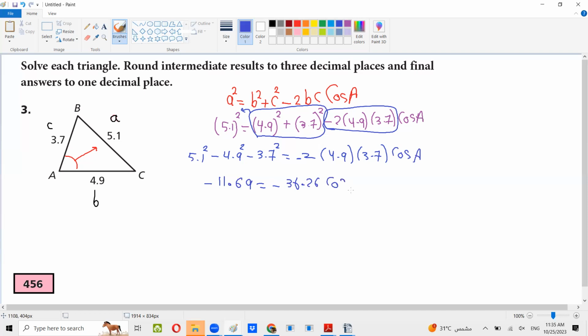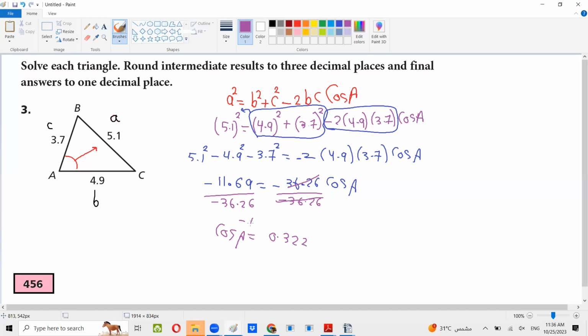Cosine A. To find it, divide by the number beside it. Divide by negative 36.26. Cosine A equals 0.322. Inverse. You know the meaning of inverse? Cosine to the power negative 1, and use shift.